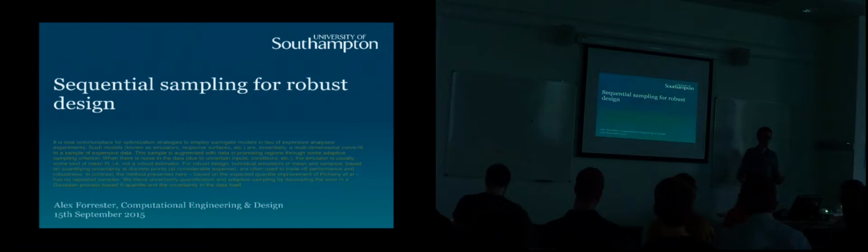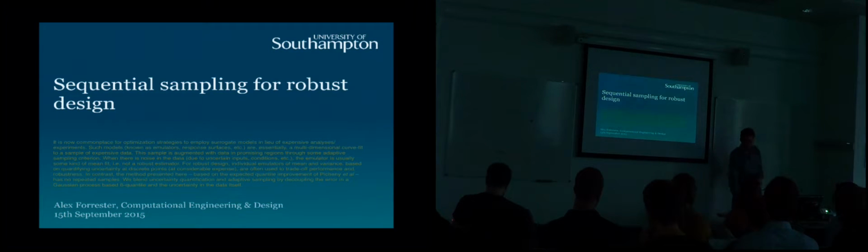For robust design, people always want the optimal design, but this is an optimal design when there's some uncertainty in the conditions or the manufacture of your product. And it's a reasonably new area because everybody got very excited about using surrogate modeling for deterministic design when there isn't any uncertainty.